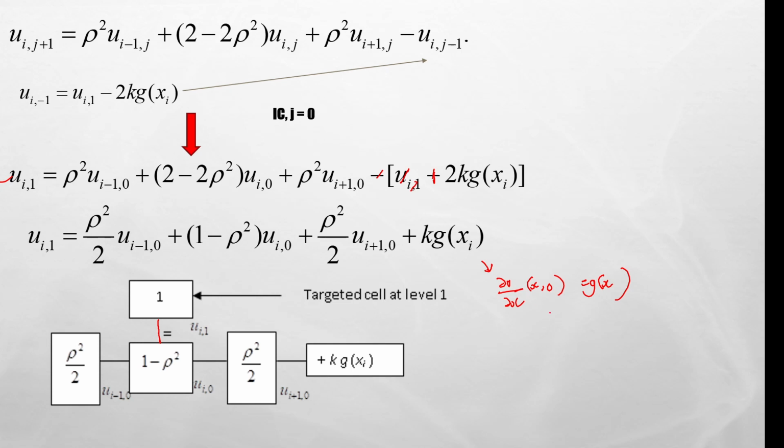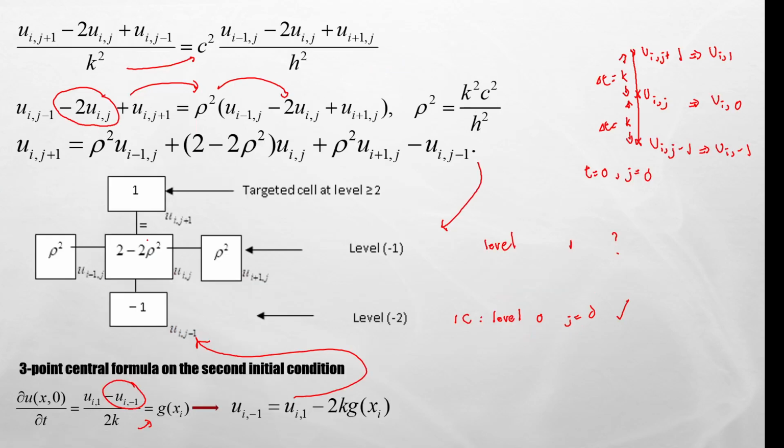So you observe, if let's say g(x) equal to 0, you don't have this term. Especially when g(x) equal to 0, you can notice that this term is 0. That's why u_{i,-1} equal to u_{i,1}.